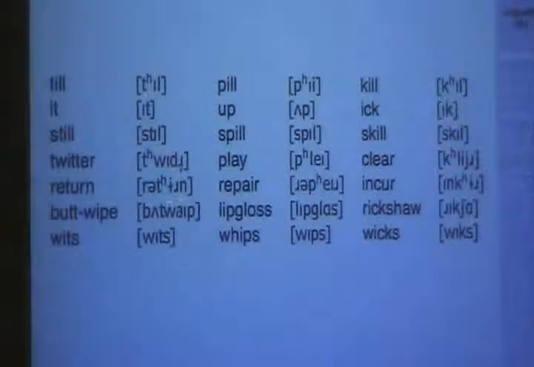We could look at these words and discover a pattern. The pattern is that the aspirated pa, ta, and ka are in a place in these words where the unaspirated pa, ta, and ka are never found.